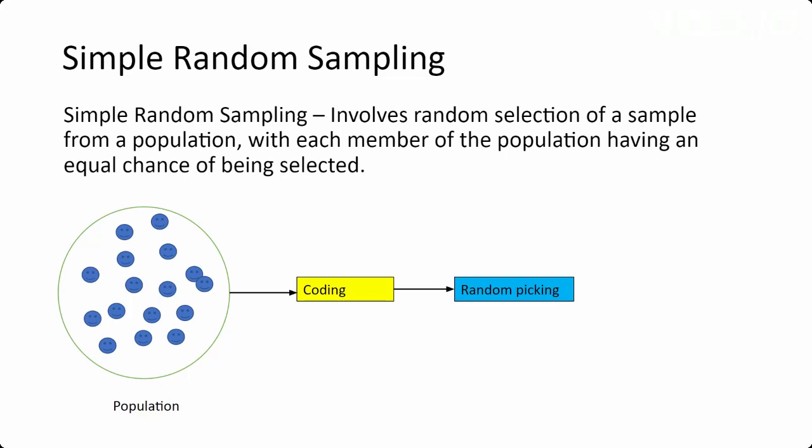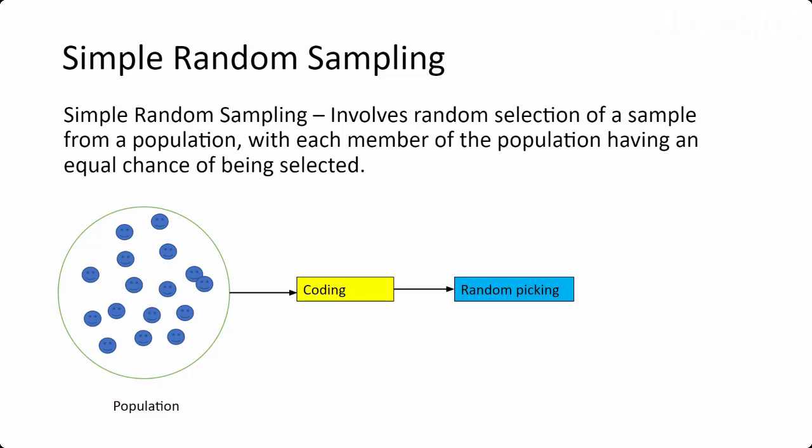So initially you start by coding the members. If there is Chanda, Bwaria, Lombe, those are Zambian names. You say Lombe is number 1, Chanda number 2, Bwaria number 3. Then you make a pot of those numbers, then pick them randomly.